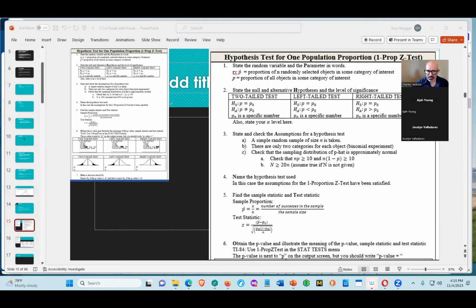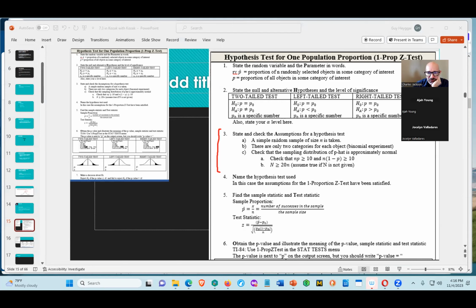So before you can even do anything, you have to make sure the assumptions are appropriate for the test. Sometimes you can't even run the test because you don't have the assumptions. And then that's a problem you have to do in the class, and you have to say, cannot run the test, we don't have the right assumptions. There aren't many of those because as educators, we want to see you run the test.